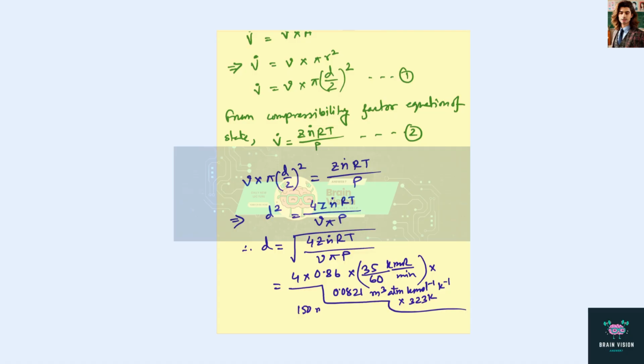Velocity is given as 150 meter per minute. Pi is 3.14 and the pressure of the system is 10 atm.